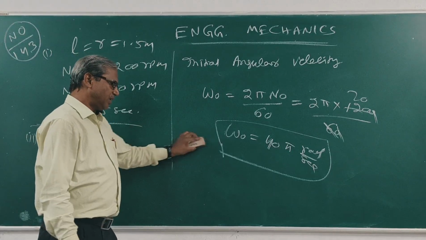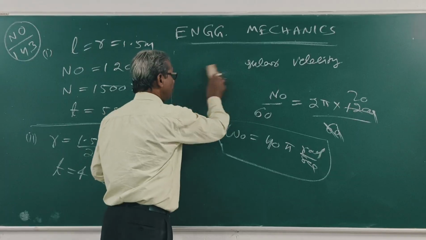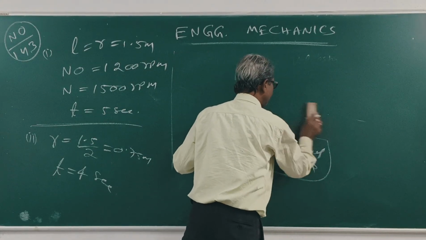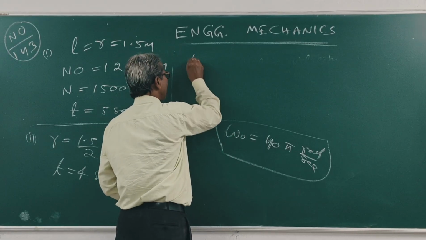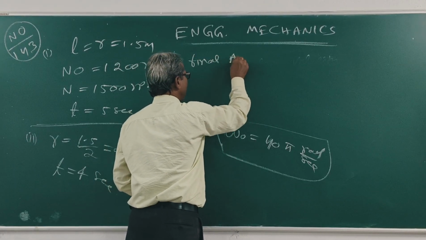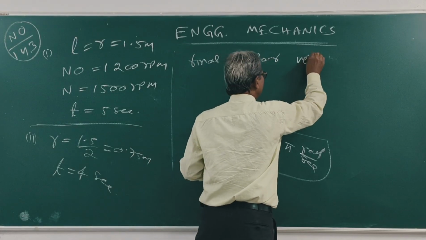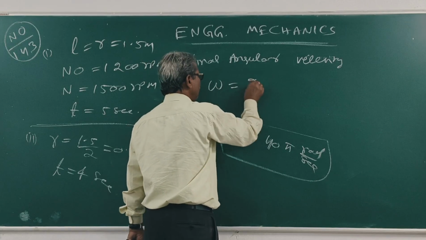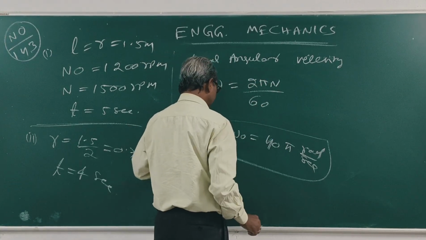Next, final angular velocity omega is equal to 2 pi n by 60.